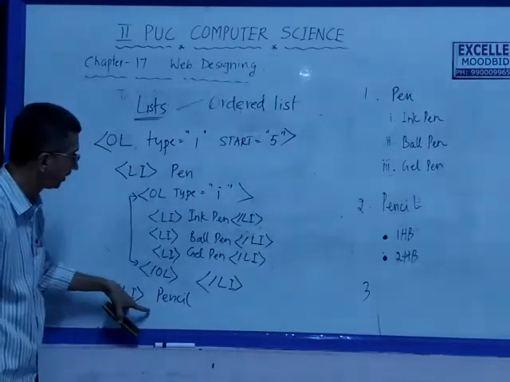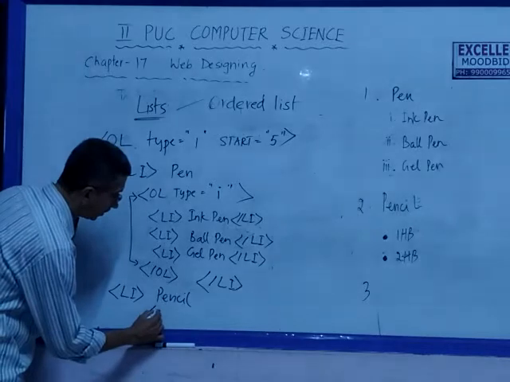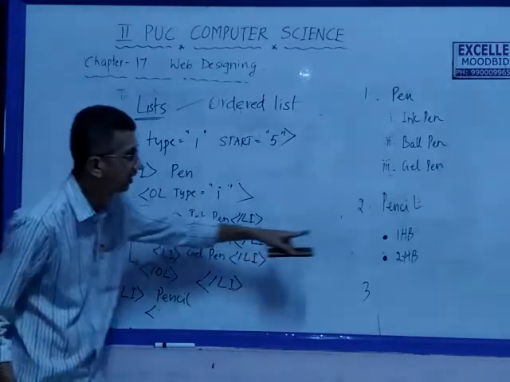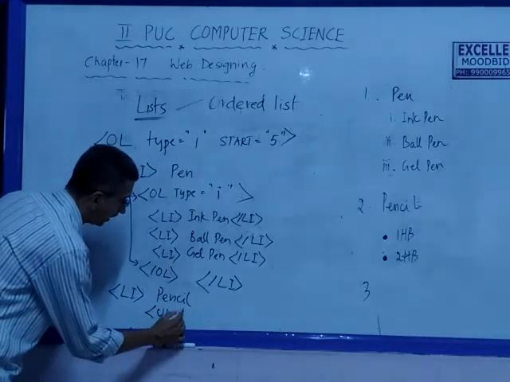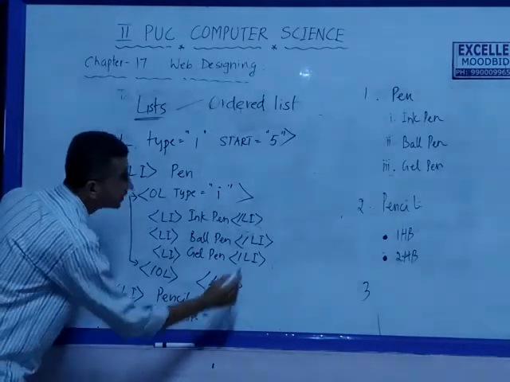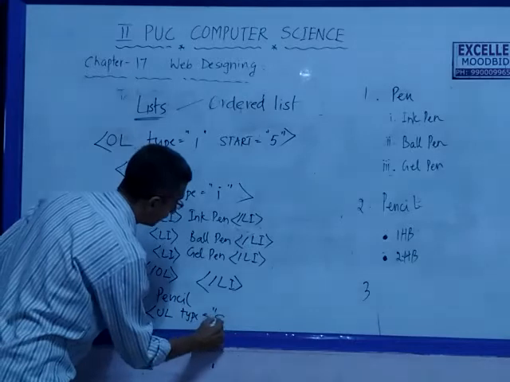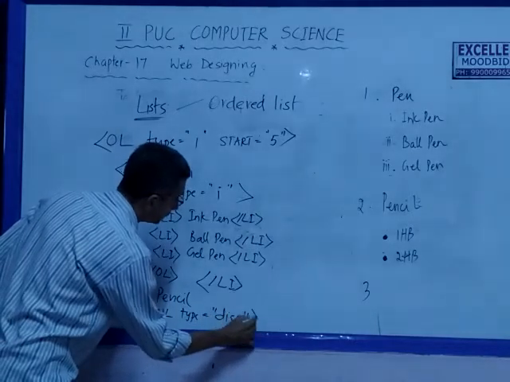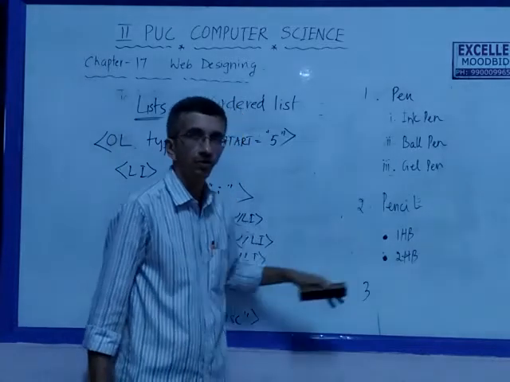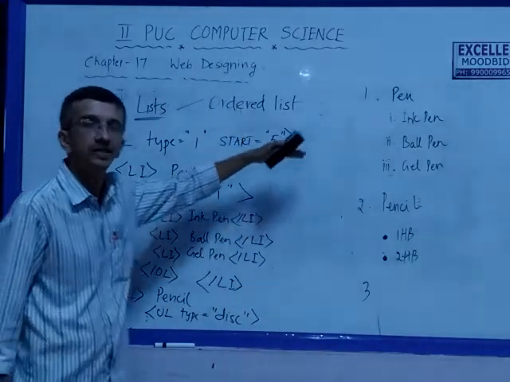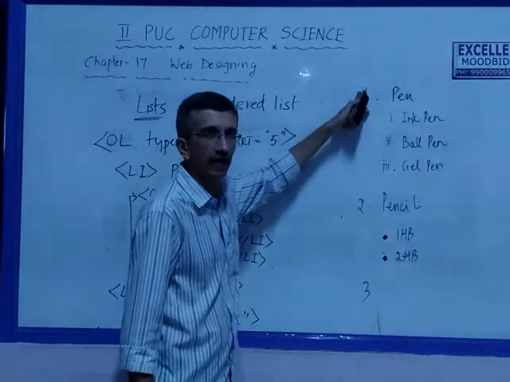So here you should write OL. How to create an unordered list here? Here the list is unordered, so UL and type. Type is equal to the default list type. That's it. And the remaining two items, same LI. So how to create nested lists? A list within another list.